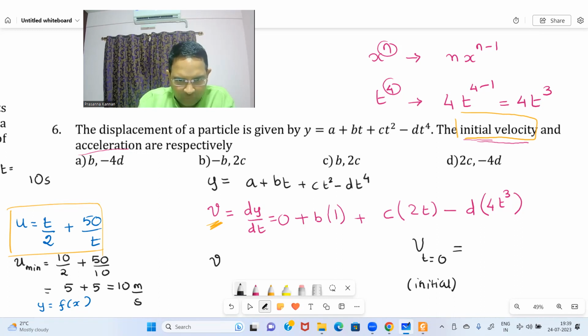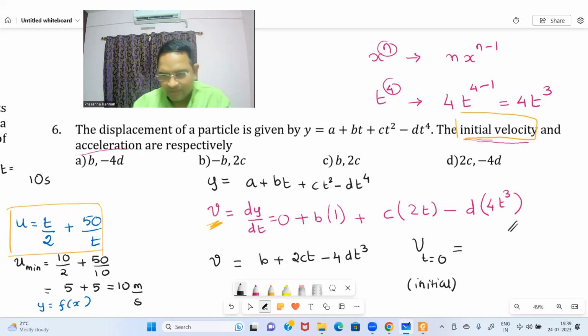Yes. So what do we have for the velocity equation? 0 plus b plus 2ct minus 4d t cube. I'm just rewriting this.